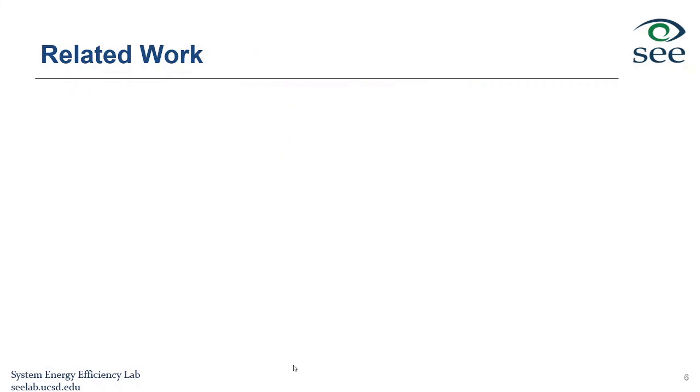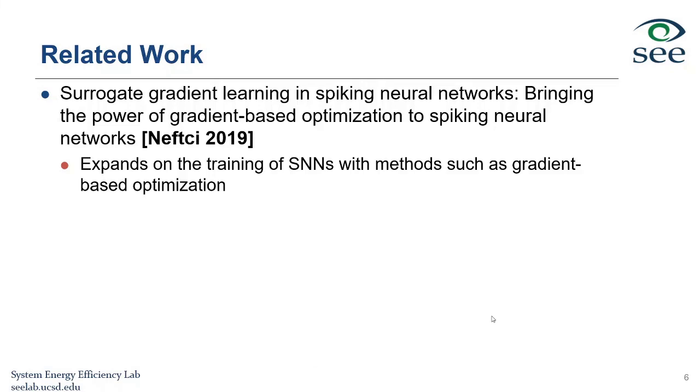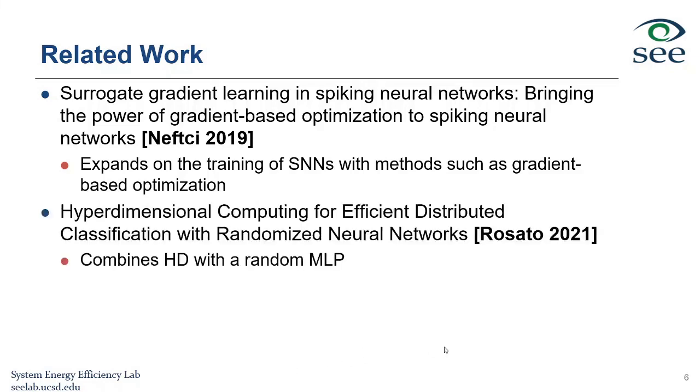There has been numerous works expanding on spiking neural networks. For example, surrogate gradient learning in spiking neural networks expands on the training of SNNs. There has also been work on combining HD with other classifiers to improve their energy efficiency.